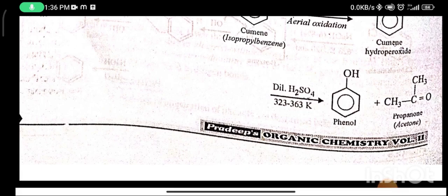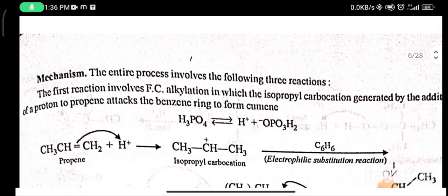Benzene reacts with propene in the presence of phosphoric acid at 523 Kelvin and pressure, Friedel-Crafts alkylation. It forms cumene, and then by aerial oxidation it forms cumene hydroperoxide. By then adding dilute H2SO4 at 323 to 363 Kelvin, phenol plus propanone or acetone is formed.